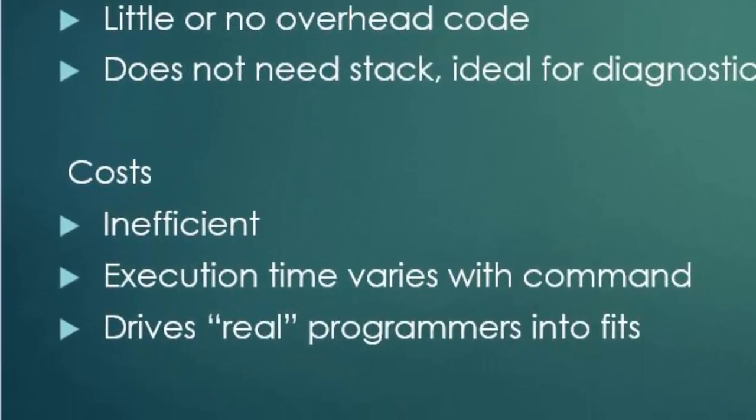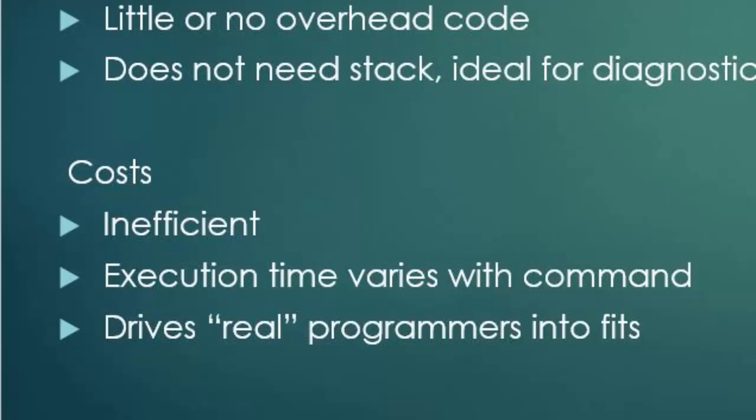The downsides of the compare immediates are it's fairly inefficient because every time that we have an instruction come in, we have to go through this long list of possible instructions. And the execution time can vary with the command. If we happen to have gotten the first command right the first time, so the user in this case entered a question mark, bang, it returns right away. But it's possible that we have to go through this entire command list before we find the right one.